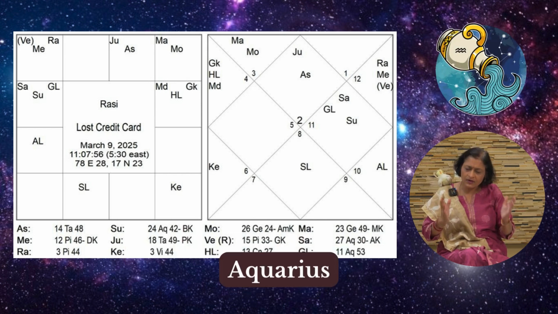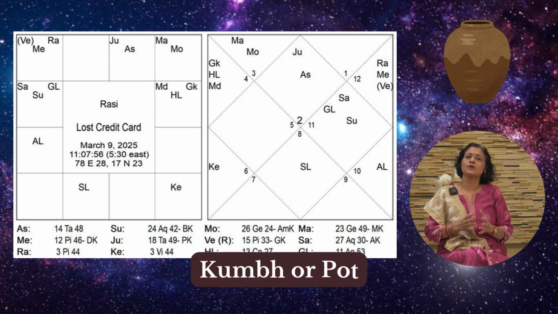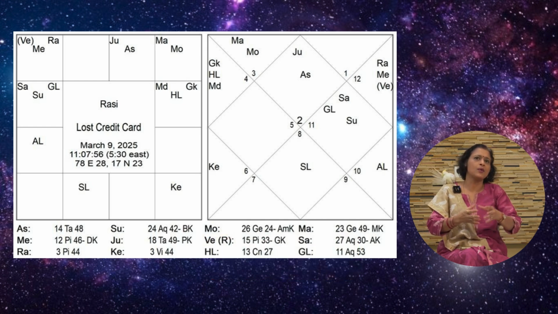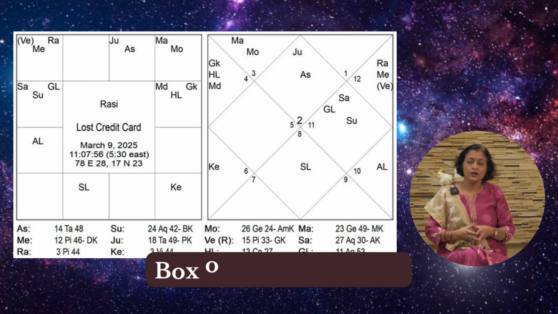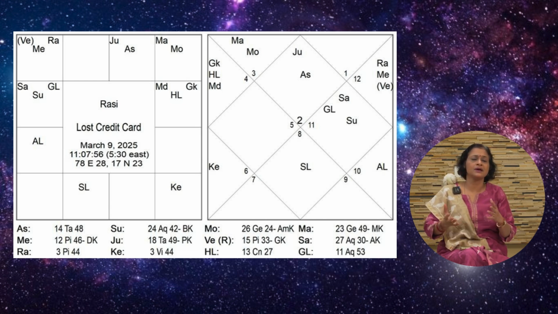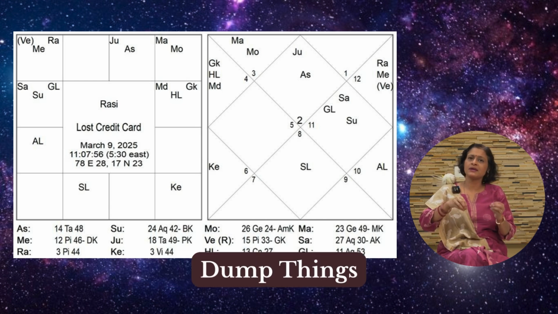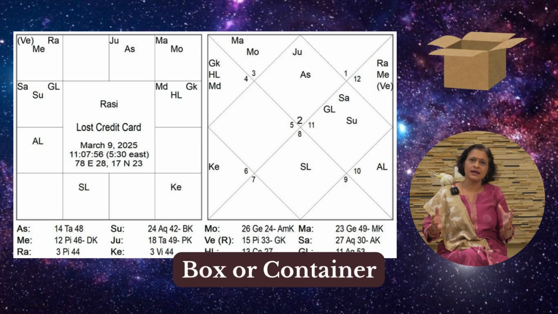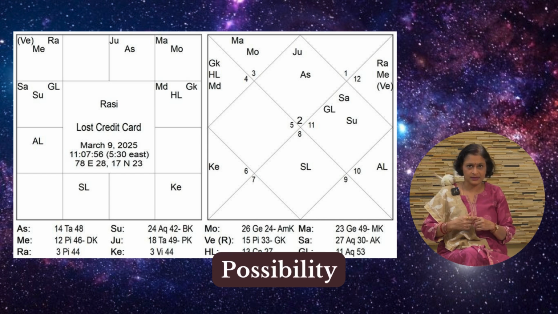The sign of Aquarius is a kumbh or a pot. When we talk about today's parlance, it is not that we find pots lying around in our house. So, it can be a box, it can be a pot-like thing, it can be a place where we dump a lot of things, a box-like or container-like object, that is a possibility.